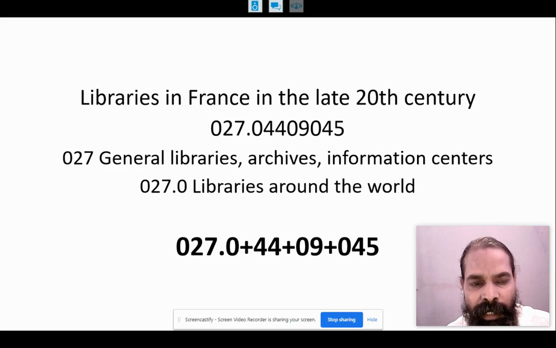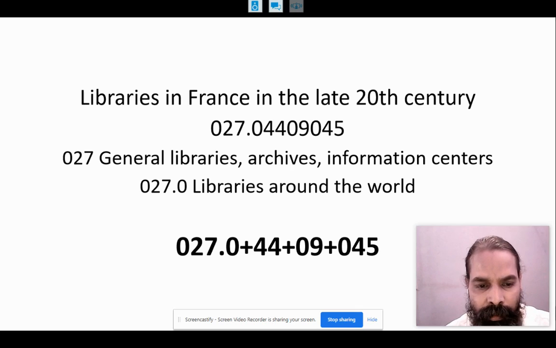Now we will see another example: libraries in France in the late 20th century. So there are two different aspects: libraries in France and a time frame, late 20th century. So this class is represented by 027.044.09045. So 027, according to DDC, represents general libraries, archives, information centers, and 027.0 represents libraries around the world.